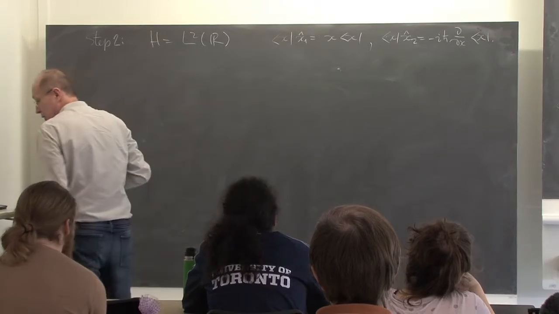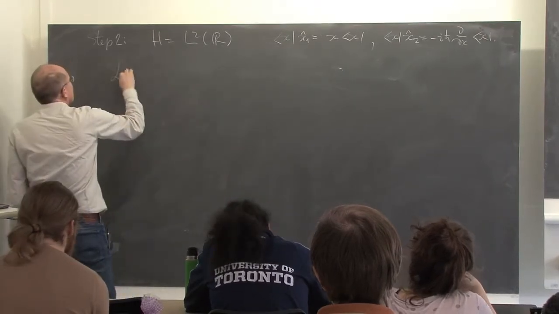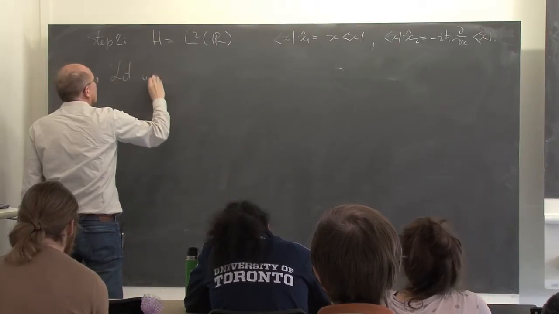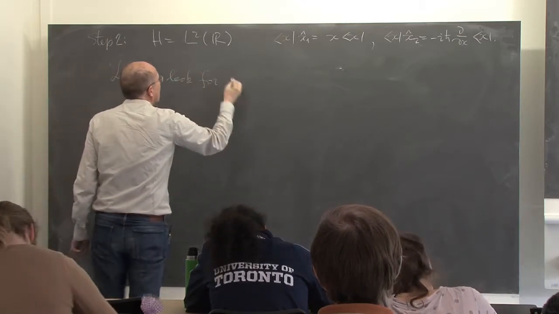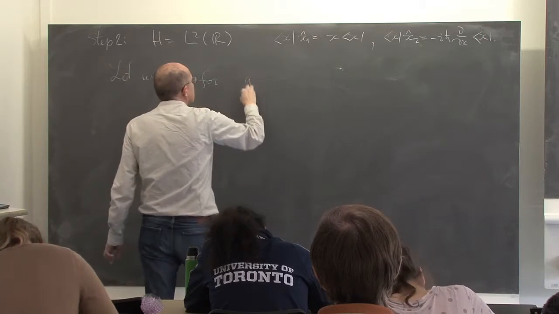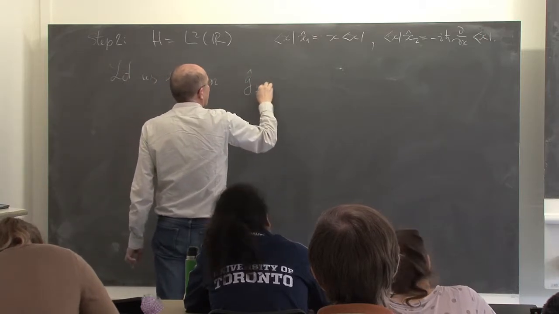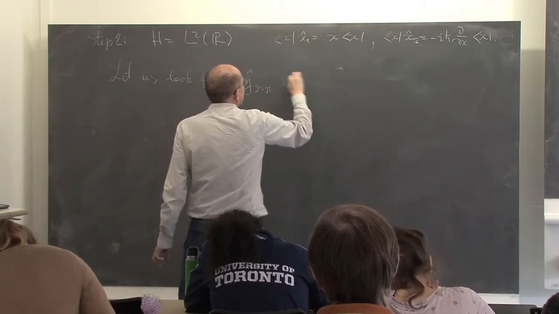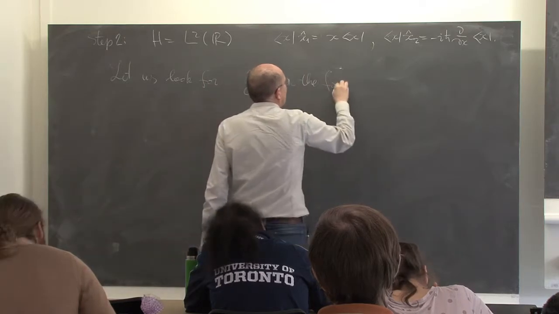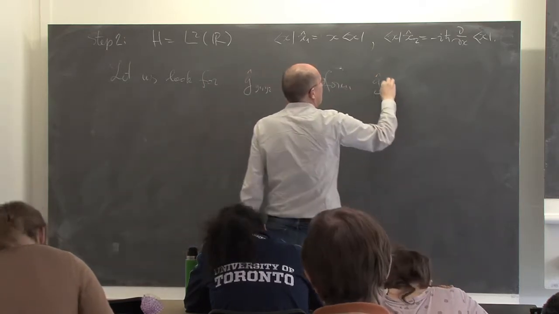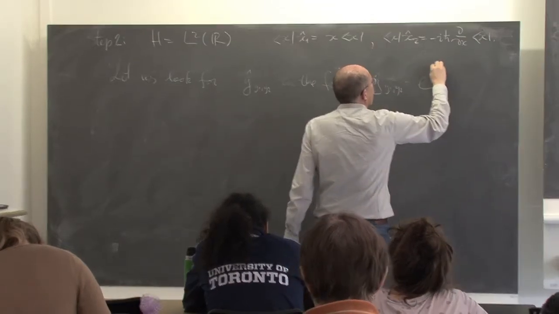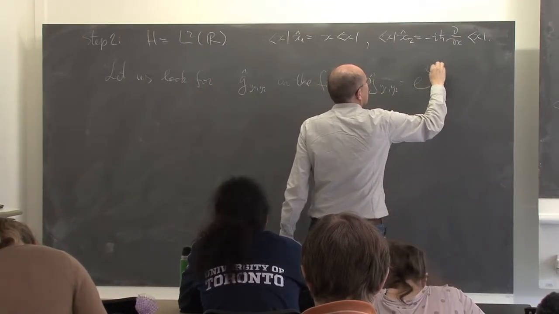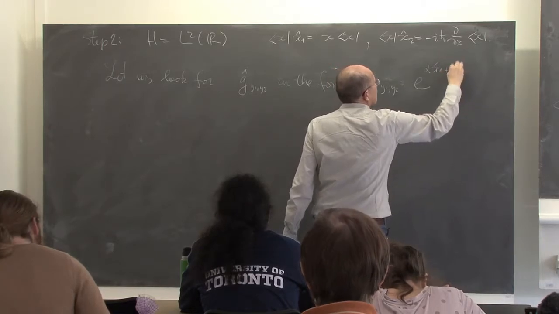Okay, now going back to step 2. We will look for G hat y1, y2 in the form e to the alpha x1 hat plus beta x2 hat.